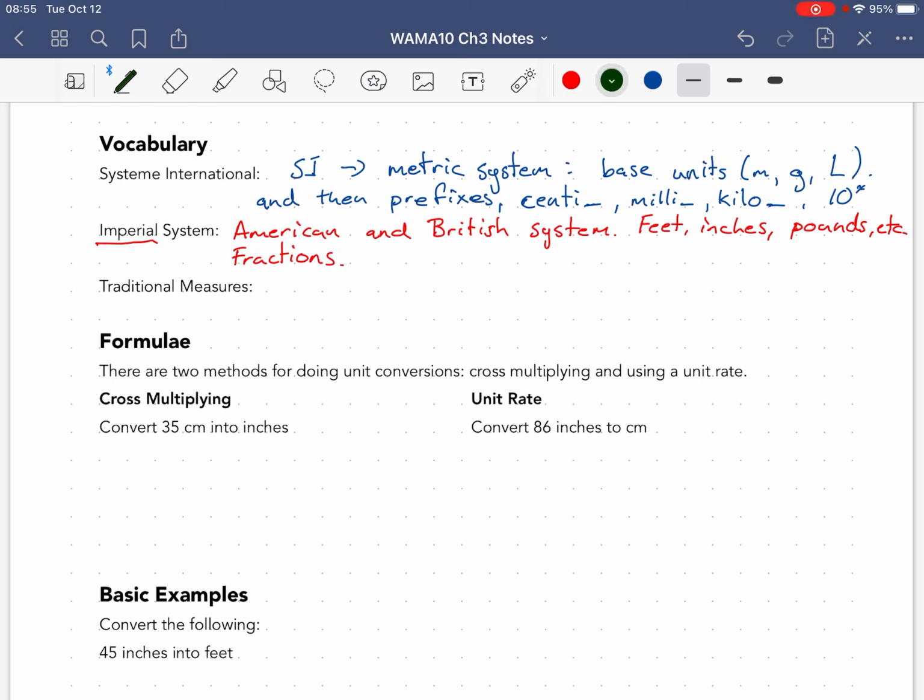Now, there are many traditional measures. These can be weird measurements that might come up when you're reading old literature or something like that. You can look up what some of these mean. There's like hogsheads.